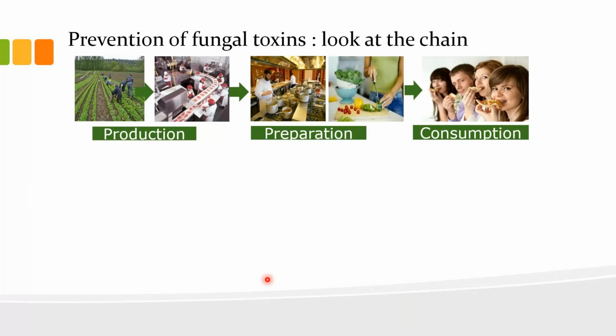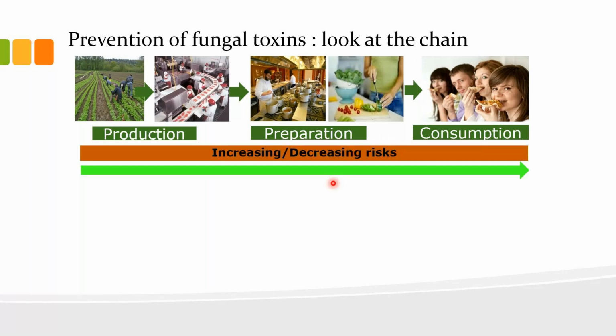For prevention of fungal toxins, we have to look at the chain from production until consumption through preparation. We have to watch out for production, and as we go up, the risk decreases because it is minimized, and we have some additives that prevent mycotoxins and fungal increase in our food.